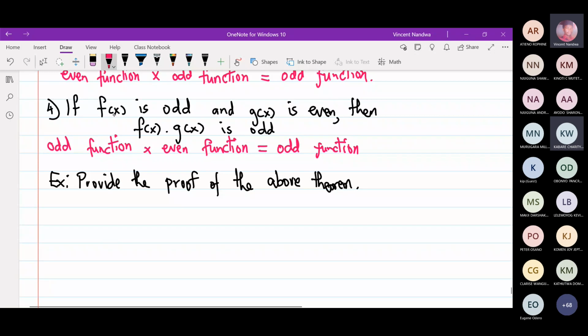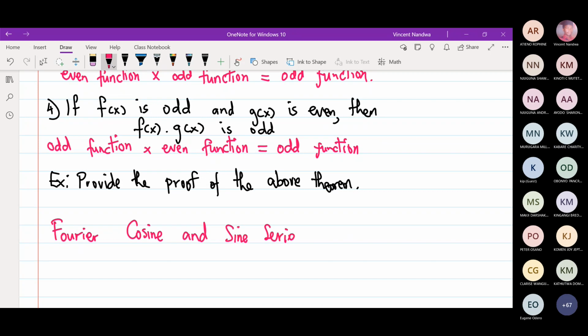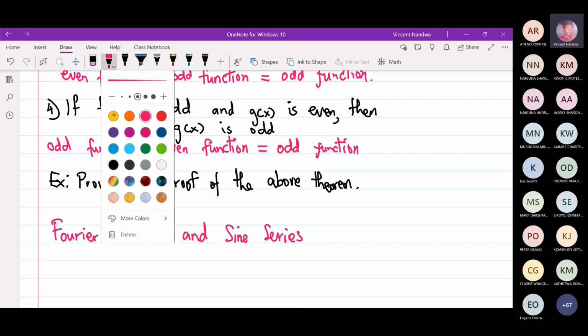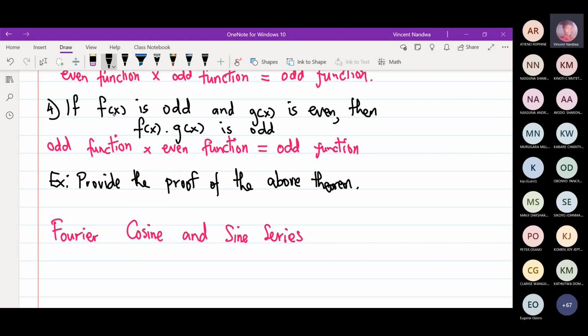So the Fourier cosine and sine series. What we call a Fourier cosine series is a series of a function such that after computation, the only trigonometric terms in the series are cosines.